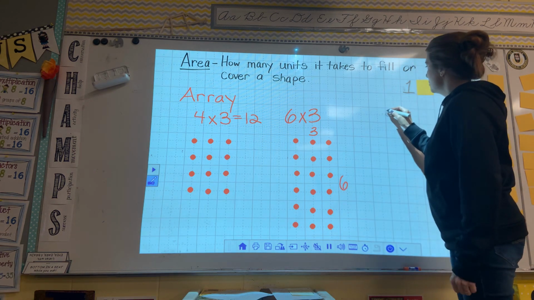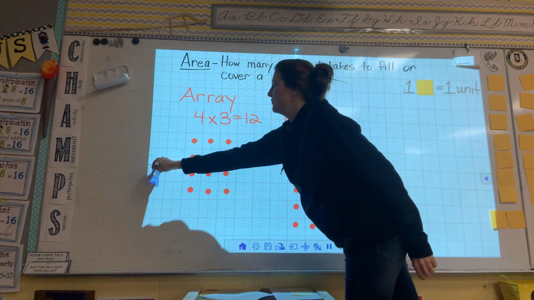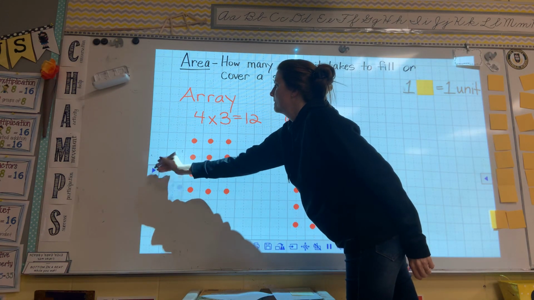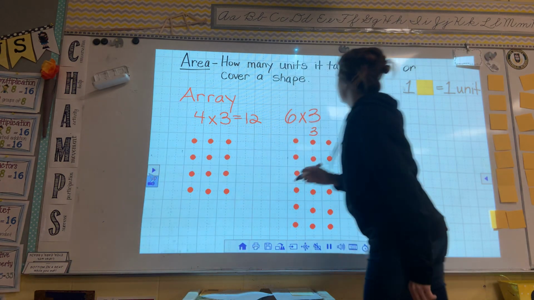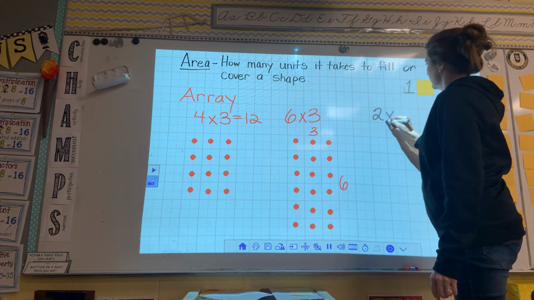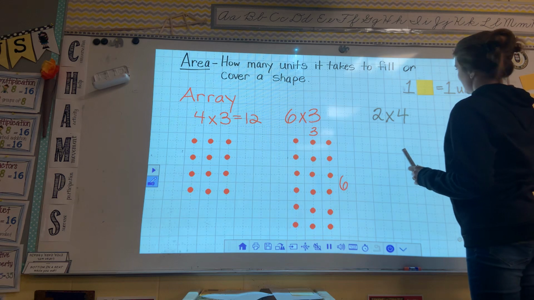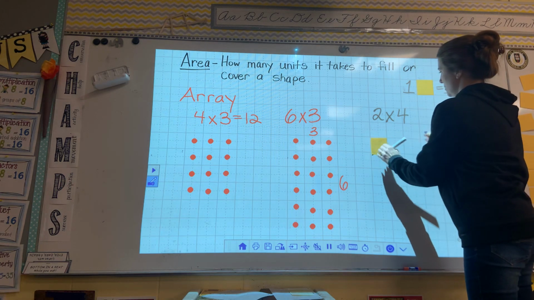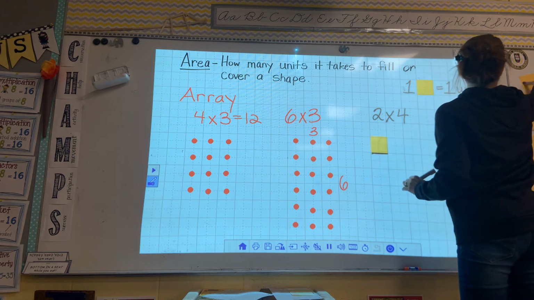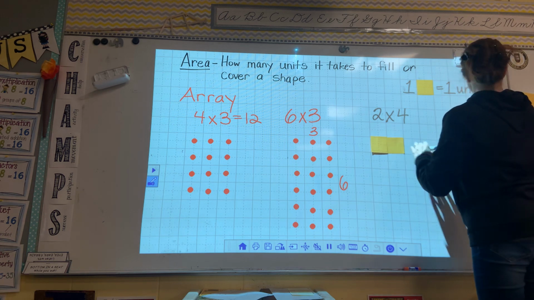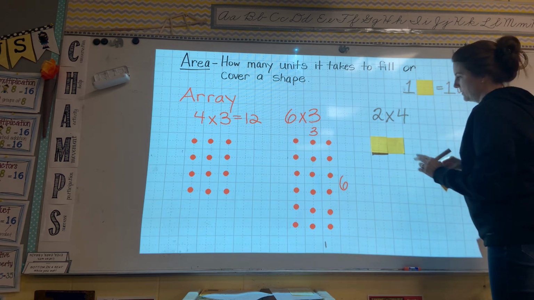Okay? Okay. Now what if we did that very same thing, but we used our Cheez-Its instead of dots? Okay? So we're going to do 2 times 4. Now I've got my Cheez-Its here. So I'm going to do 2. And I'm going to do that 4 times.